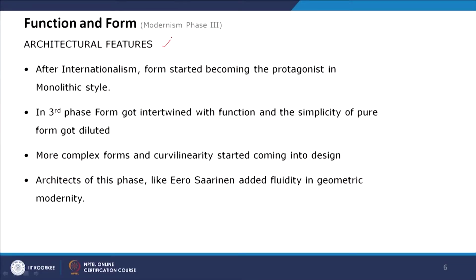Now, if we look at the architectural features, after internationalism, form started becoming more and more important, which we have seen in the monolithic style. In the monolithic style, they were mostly confined to geometric forms like semicircles, hemispheres, cylinders, and cuboids.